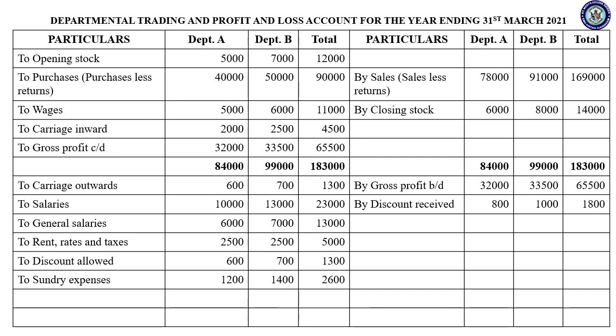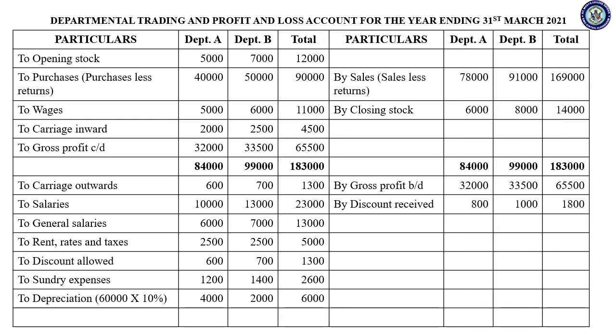So depreciation is my expenses, so write 2 depreciation, and within the bracket you calculate the figure, 60,000 into 10%. So 2 depreciation 60,000 into 10%. It comes to 6,000. So write that 6,000 in the amount column.